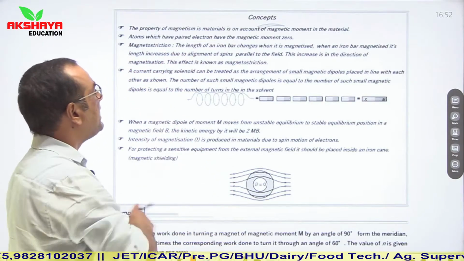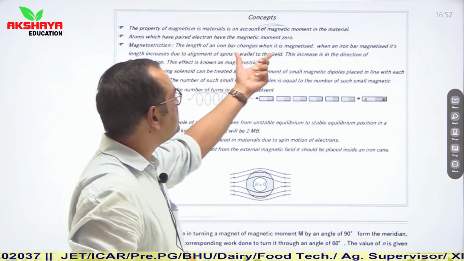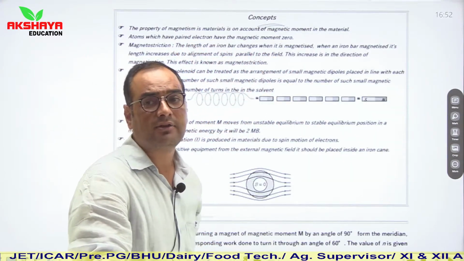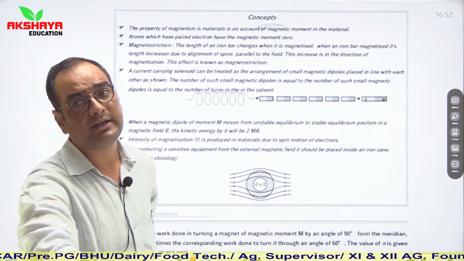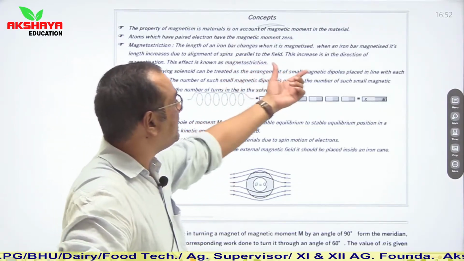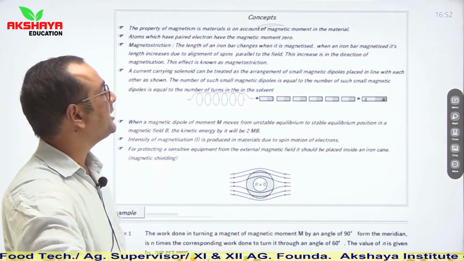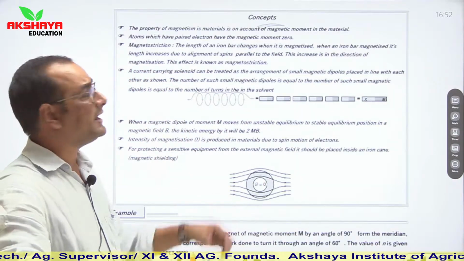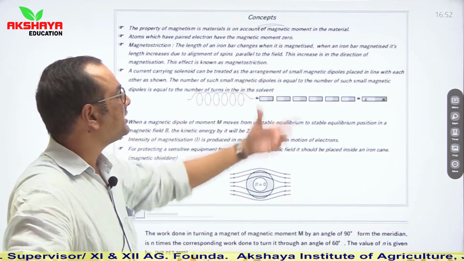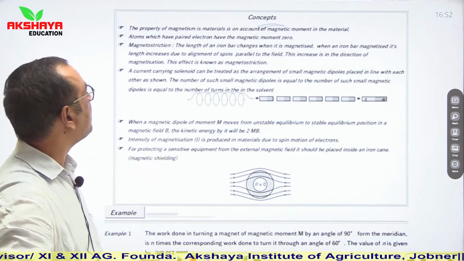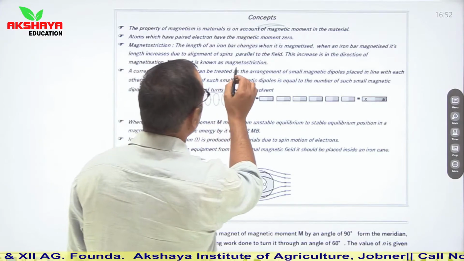Magnetostriction: the length of an iron bar changes when it is magnetized. When an iron bar is magnetized, its length increases due to alignment of spins in the direction of the field. This effect is known as magnetostriction.